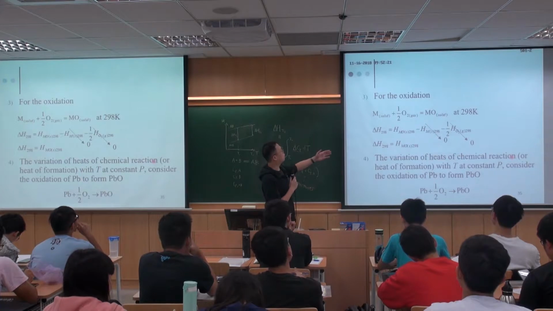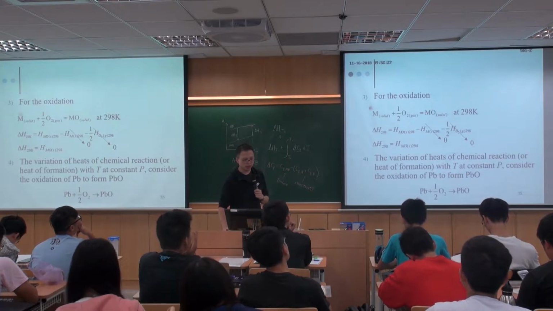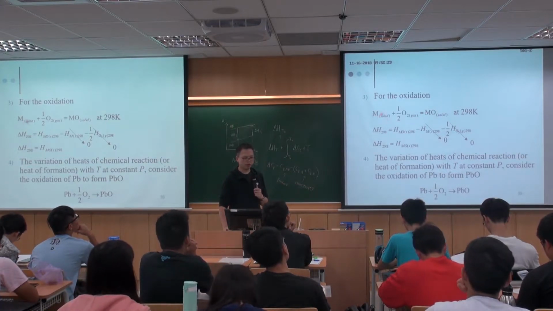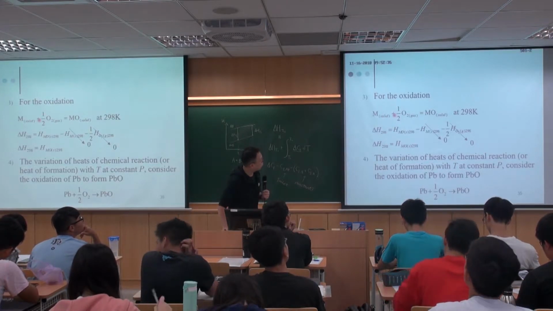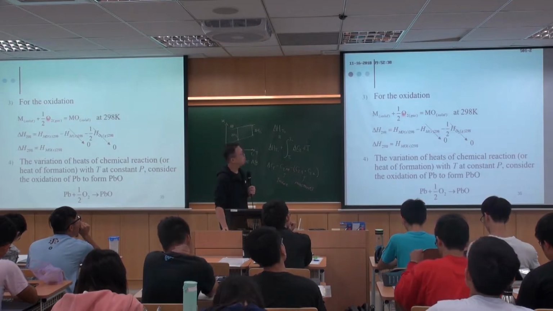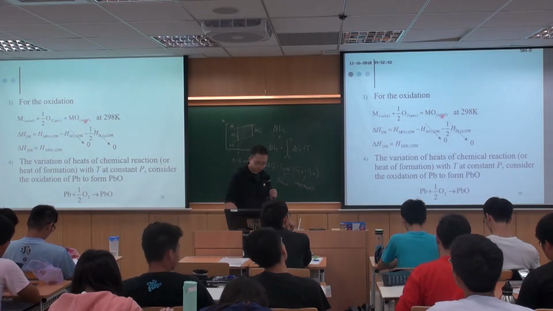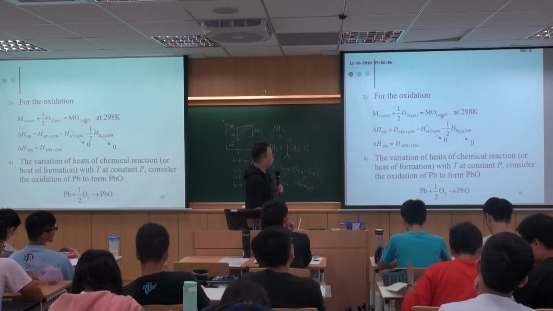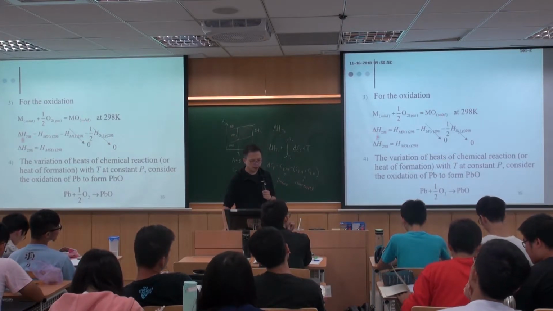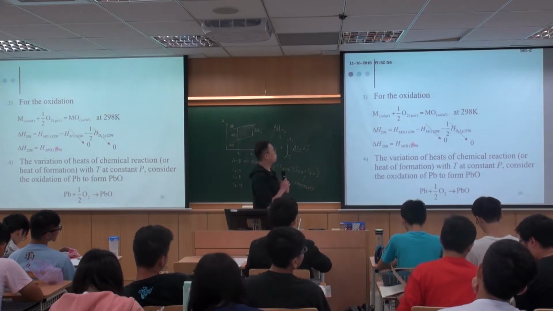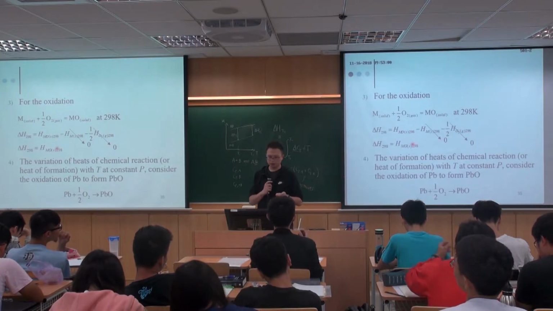If you're dealing with a simple oxidation process, the reaction is from a metallic solid, let's say iron or aluminum, and then you have the metal interacting with oxygen, and then it will form an oxide called MO, some metallic oxide. And we're talking about a reaction happening at room temperature, so it's 298 K. And the delta H for that will be, of course, the enthalpy of the products minus the enthalpy of the reactants.